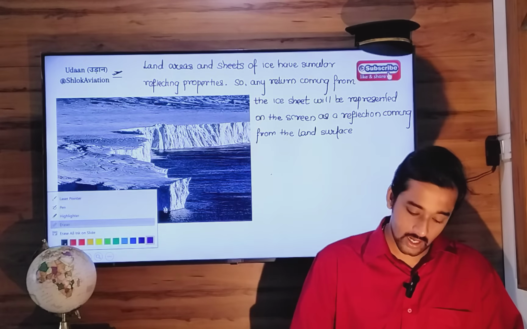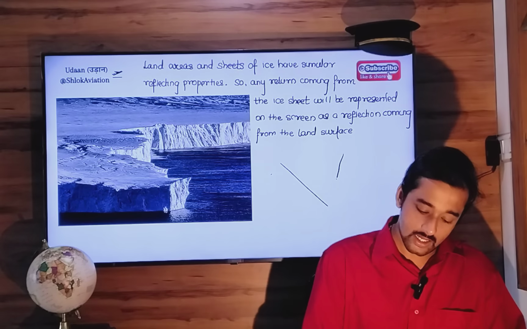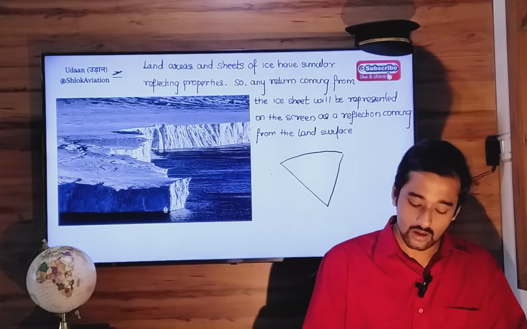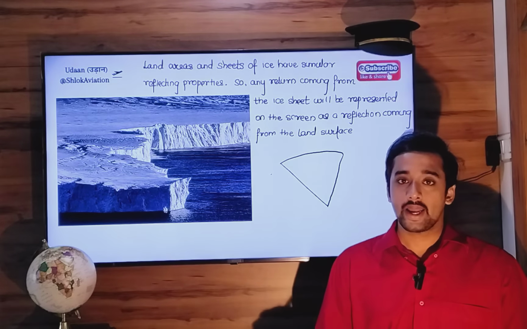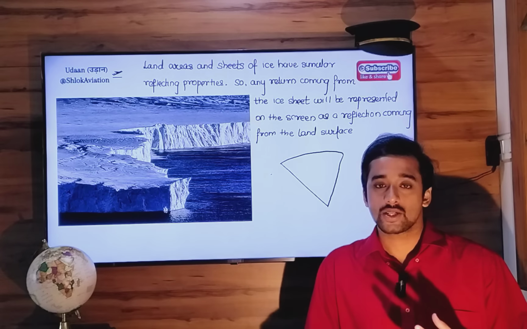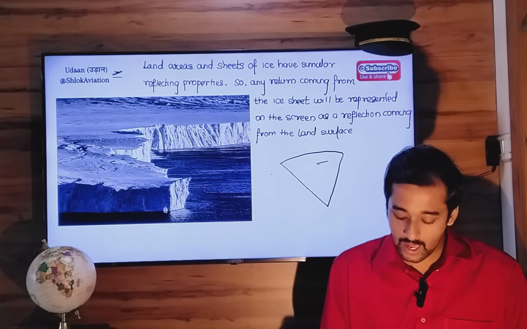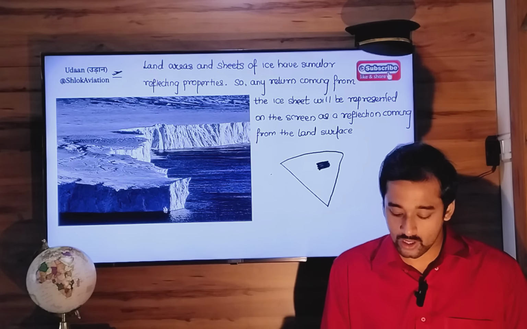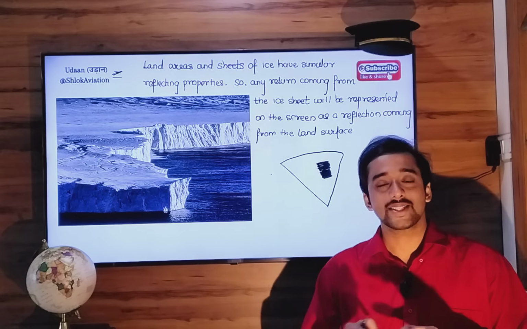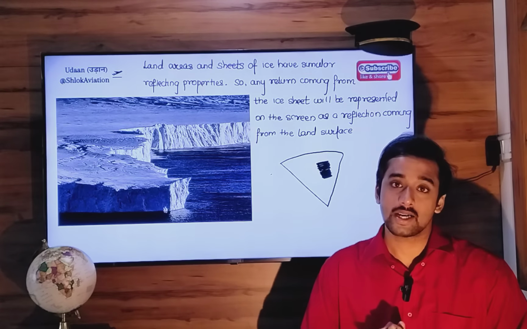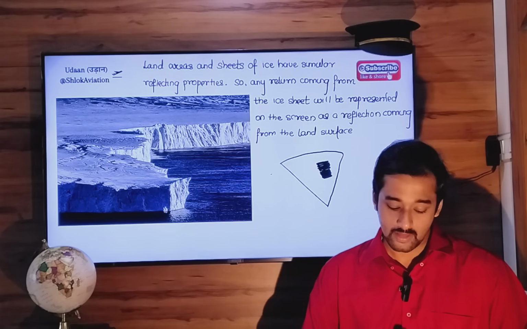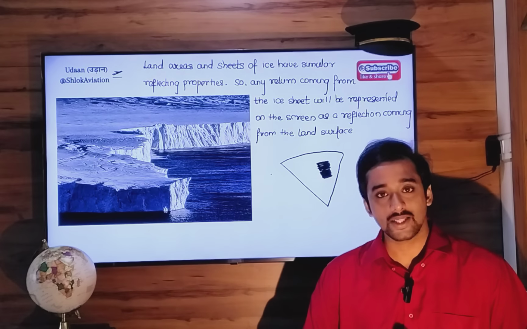So if this is your radar screen, something like this, you will have white reflections or white color indication as land and black color indication as water body. So in case you are flying in polar areas where the land surface is covered with ice, snow, you will mistake that ice or snow to be land surface.